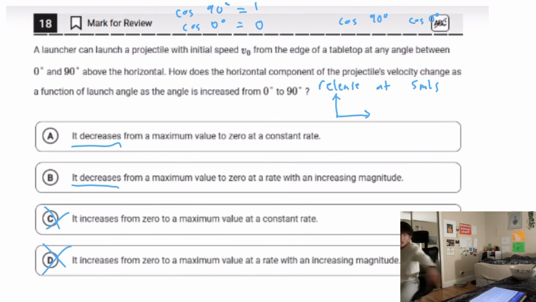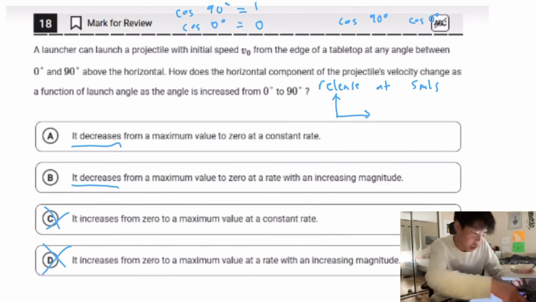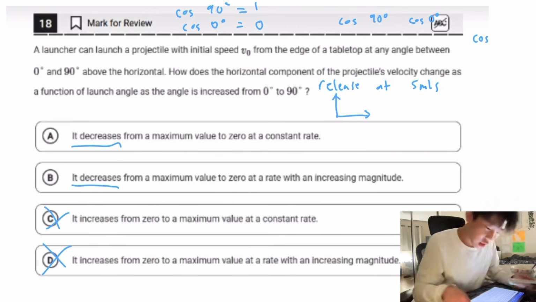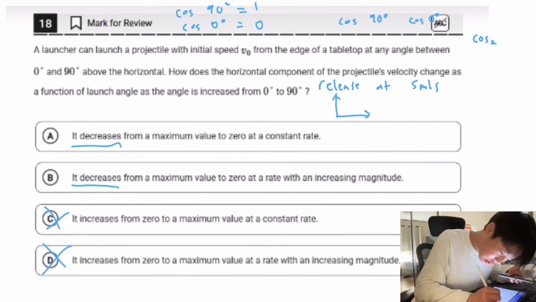Alright, anyway. What I did was I checked if cosine was constant by finding cosine 45, cosine 46, and then cosine 44.